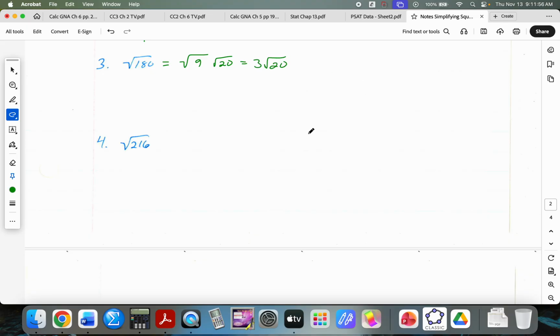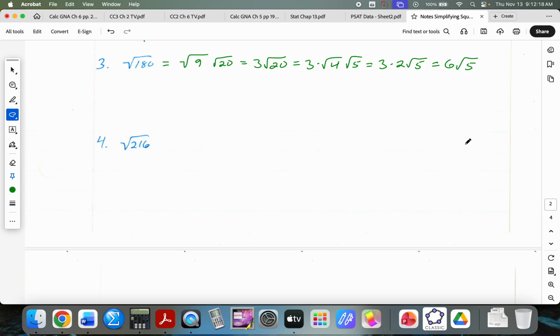What perfect square divides evenly into 20? 4. So this is 3 times the square root of 4 times the square root of 5. So that's 6 square roots of 5.